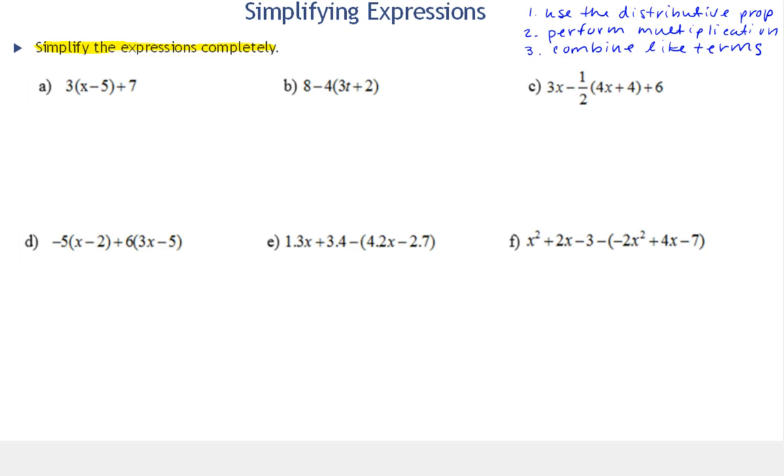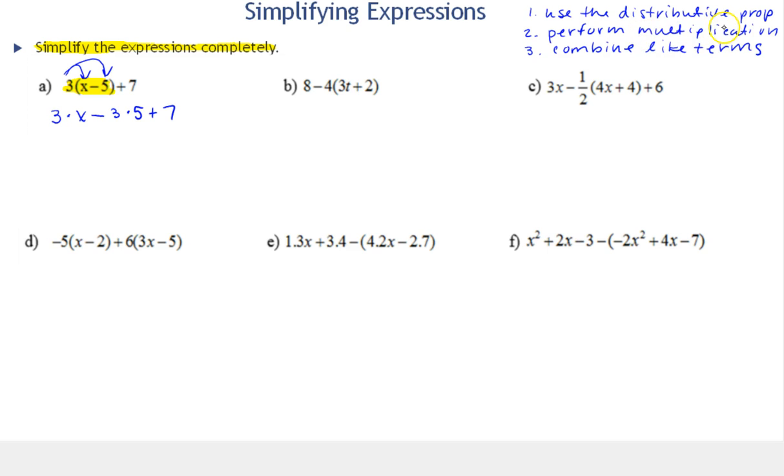So let's start with the distributive property on this product. We'll multiply the 3 times the x and the 3 times the 5. So 3 times x, keep the operation of subtraction, minus 3 times 5 plus 7. So we've applied the distributive property.